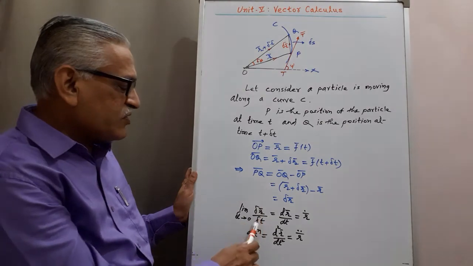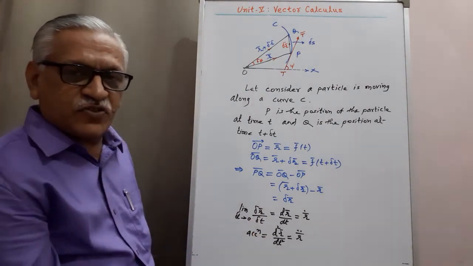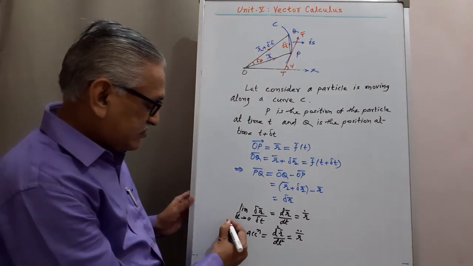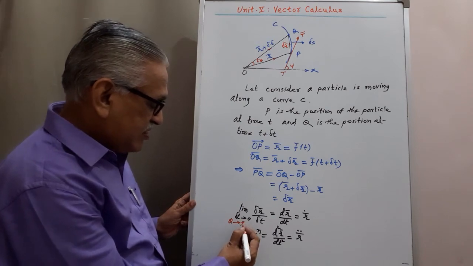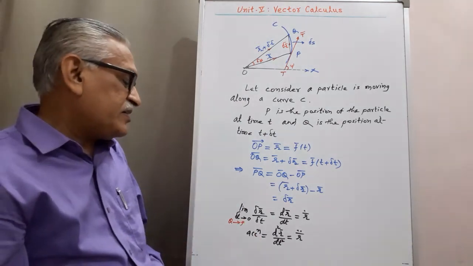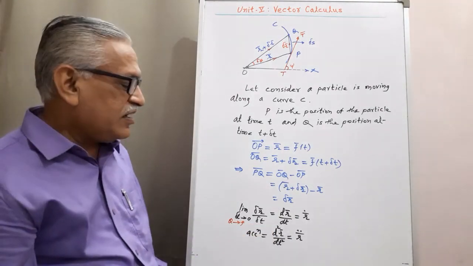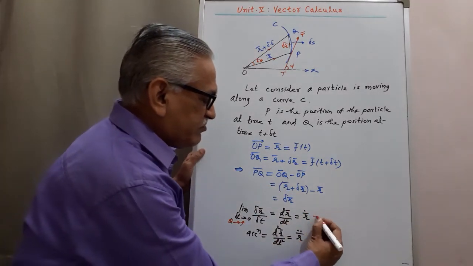And if you take the limit of delta R bar by delta t as delta t tends to 0, as Q tends to P, it is nothing but dr by dt. We denote it by r dot bar, and it is nothing but velocity.